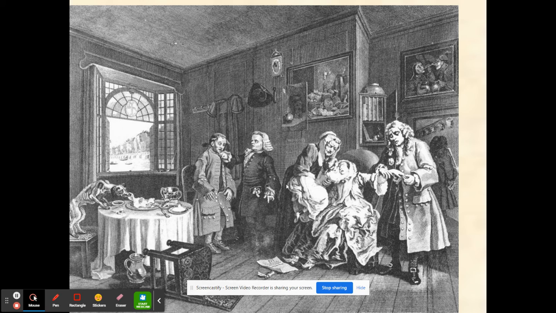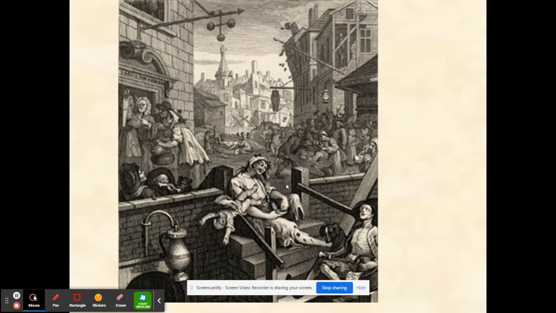So he's making fun of the upper class nobility, but he also makes fun of the lower classes, that gin was extremely cheap. And there are many cases where people were either dying or were so drug addicted from gin that literally they were dying of poverty and alcohol poisoning and child neglect and things.